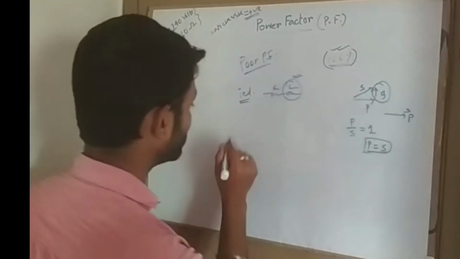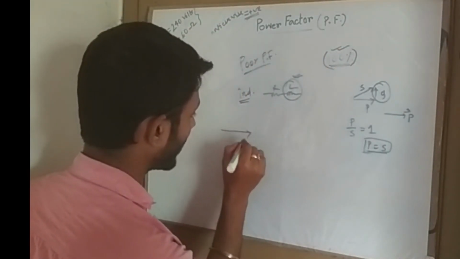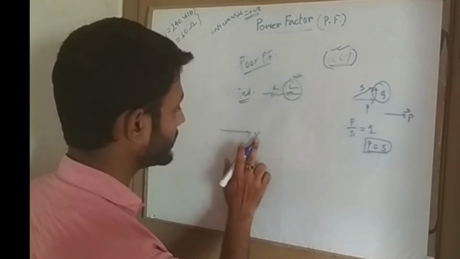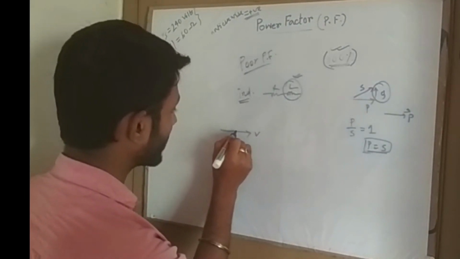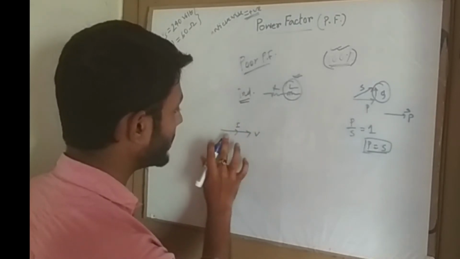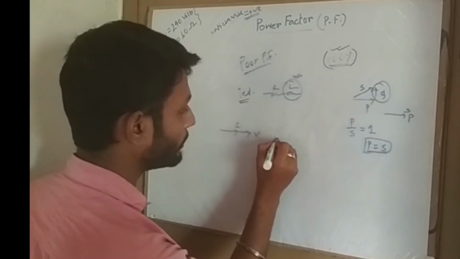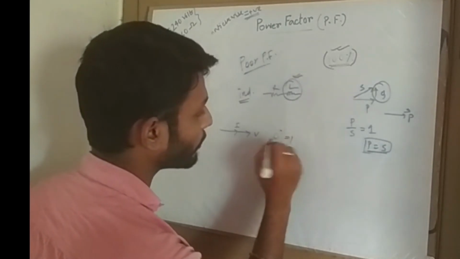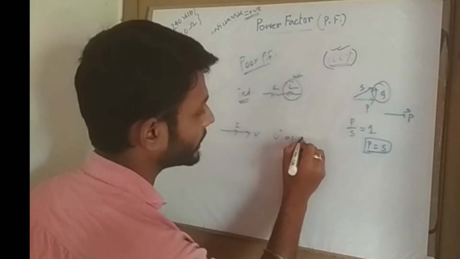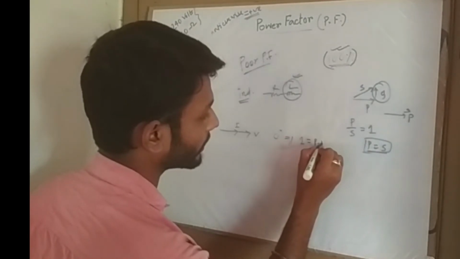This 100% means, another way we can say, if this is V, then current will also be in the same phase, then only the angle between this voltage and current will be 0 degree, then only it is possible, cos 0 degree equal to 1, that is power factor.